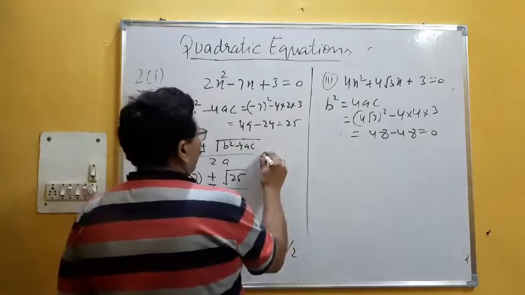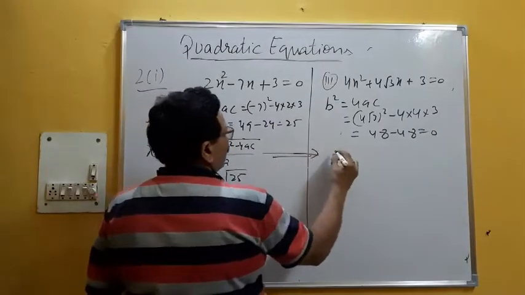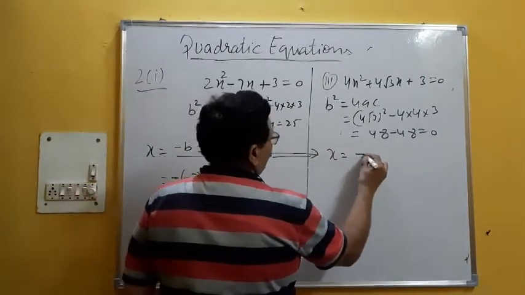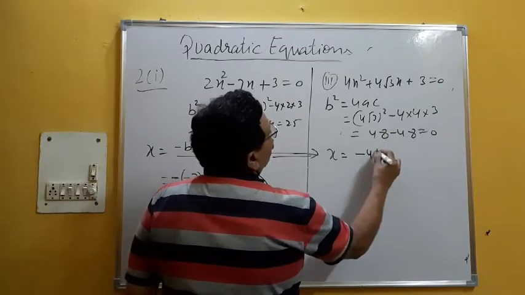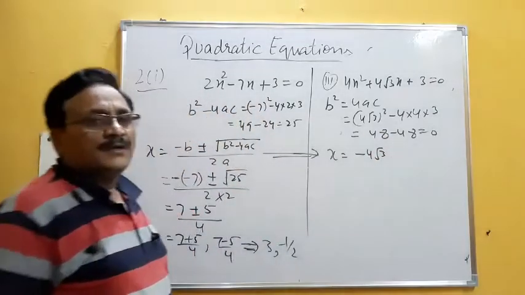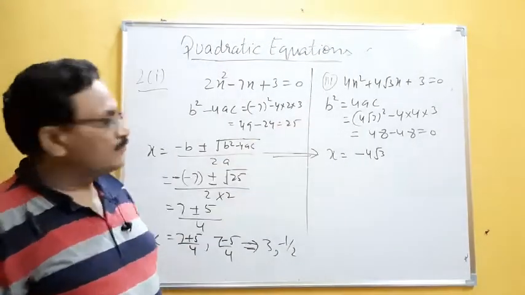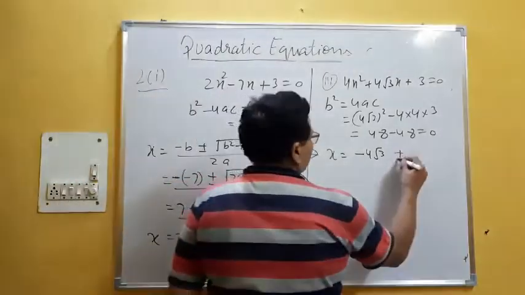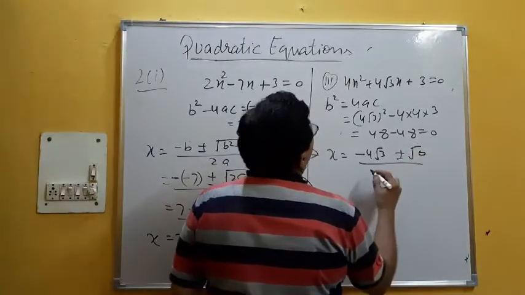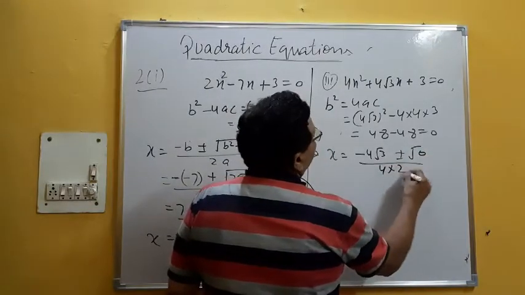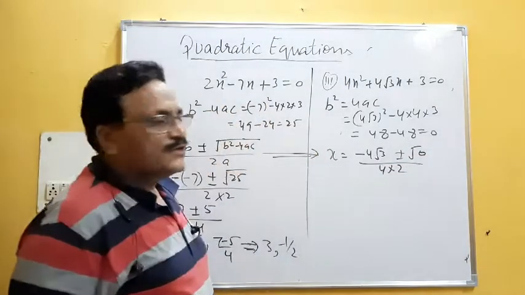Now apply the quadratic formula here. x equal to minus b, minus 4 root 3, because b is plus 4 root 3, plus minus 0 upon 4 into 2. The square root of 0 is 0.